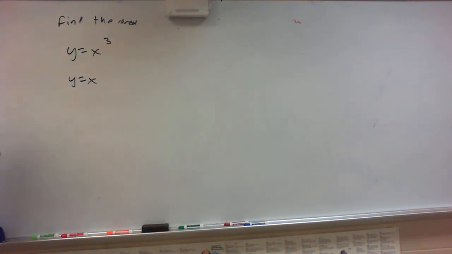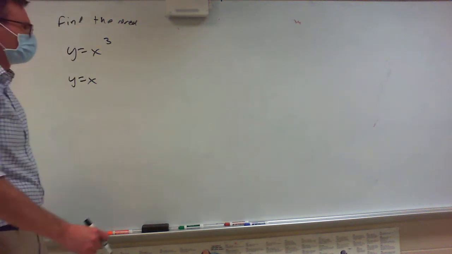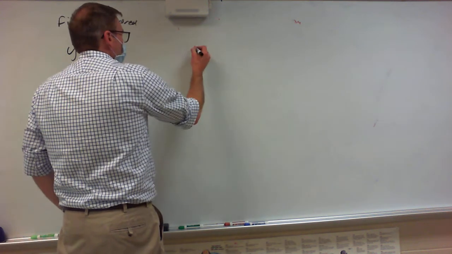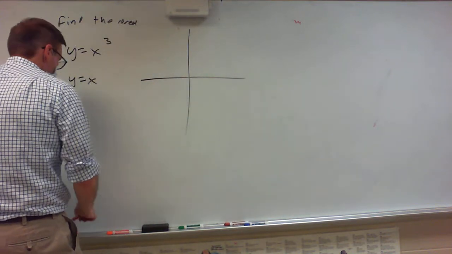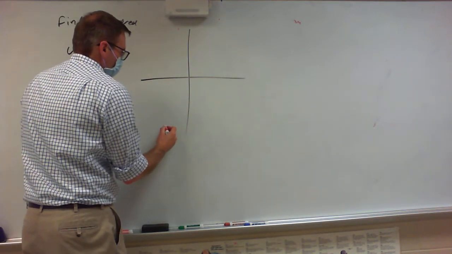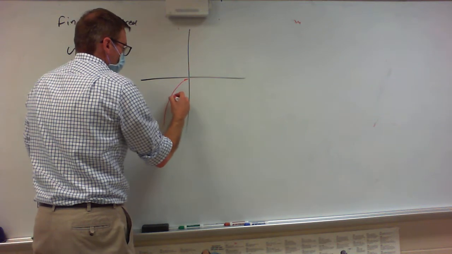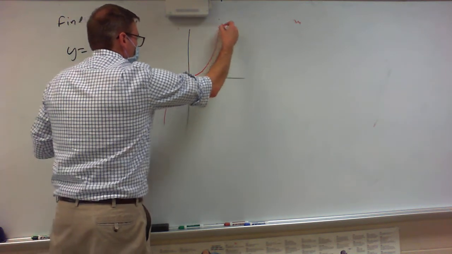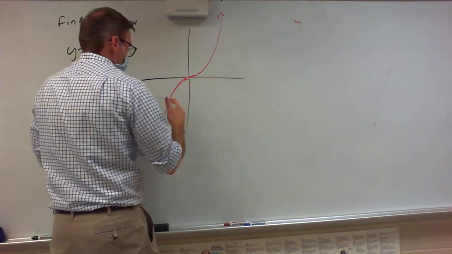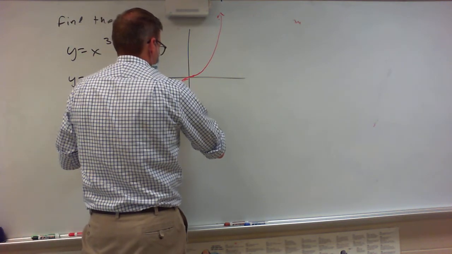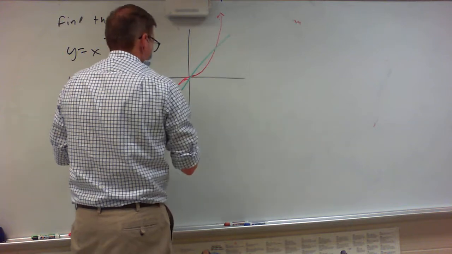What does x cubed look like again? It's an S. A little squiggle. All right, so I'm going to draw this. So x cubed. And then when I draw y equals x, that's this.